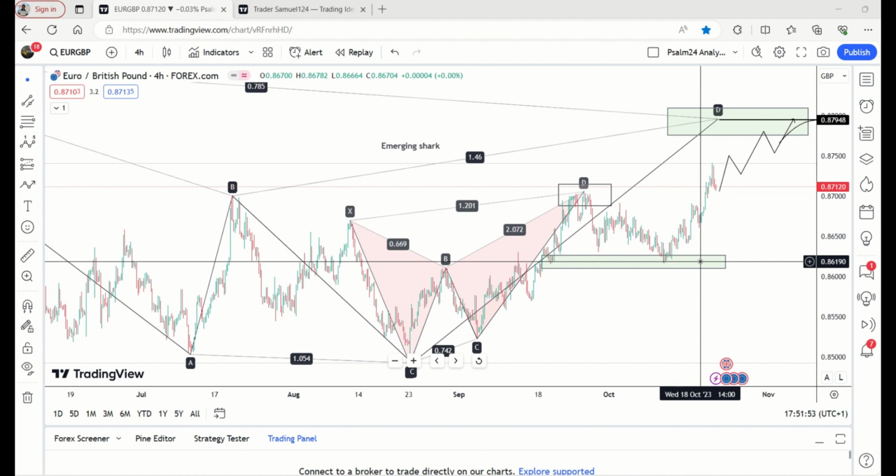Market geometry is actually a form of technical analysis. It's an approach employed by traders and investors to analyze the financial market. The core idea behind market geometry is that price movement in the financial market can exhibit geometric relationships and patterns. That is basically what it's all about.